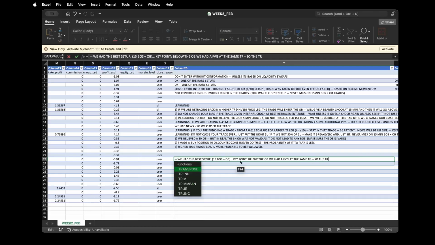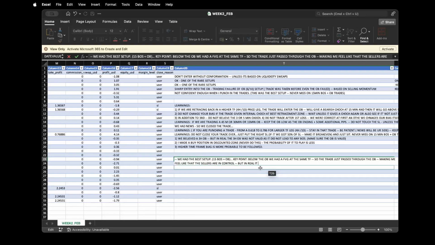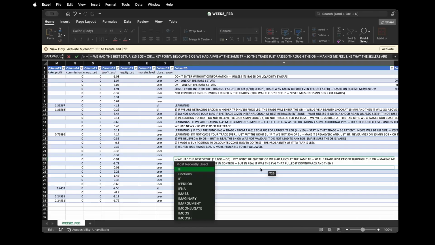So the trade just passed through the order block, making me feel that the sellers are in control, but in real it was the FVG that pulled it downwards and then it shot up.